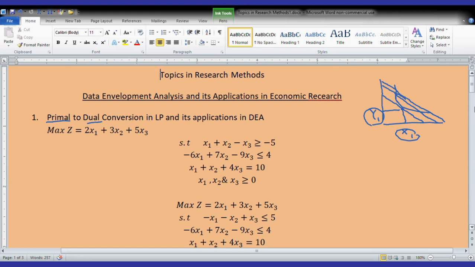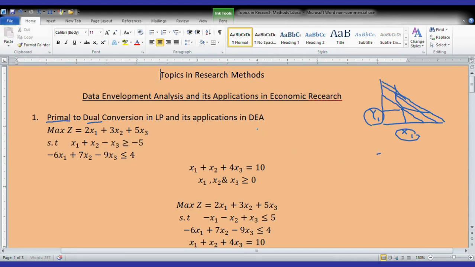Exactly the same type of things happen in linear programming, where we are dealing with different constraints and an objective function, and here we have the objective function given in the form of this equation.